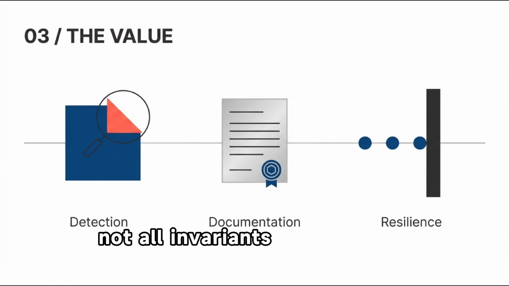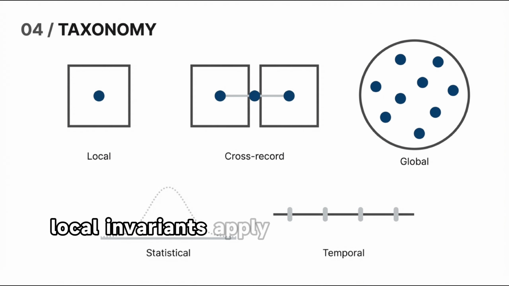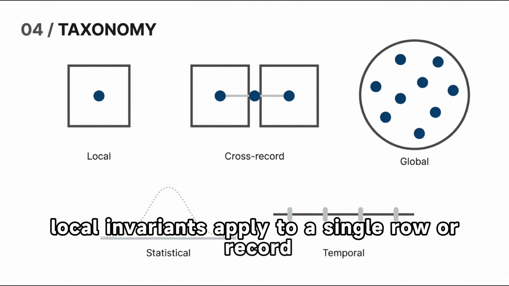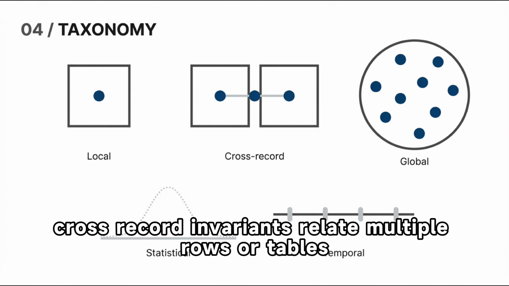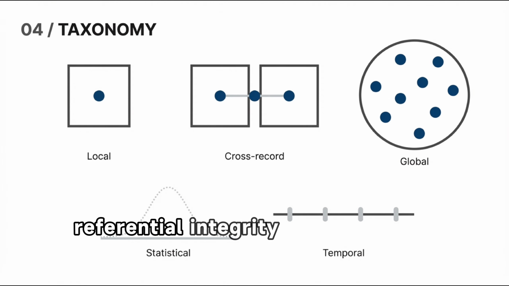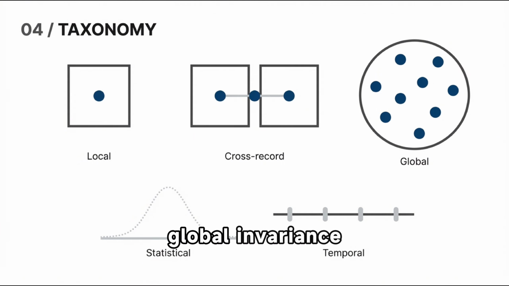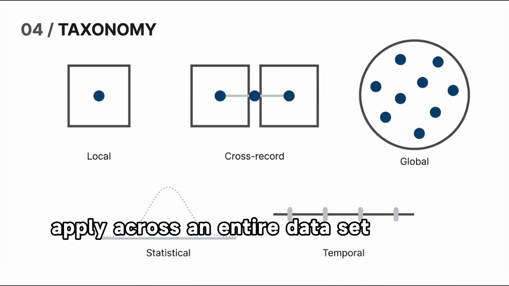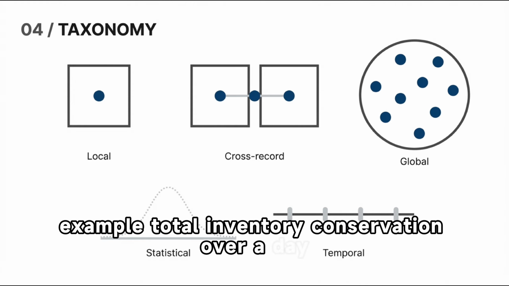Not all invariants are the same. Let's categorize a few types. Local invariants apply to a single row or record. Cross-record invariants relate multiple rows or tables. Example, referential integrity or uniqueness across a dataset. Global invariants apply across an entire dataset or time window. Example, total inventory conservation over a day.